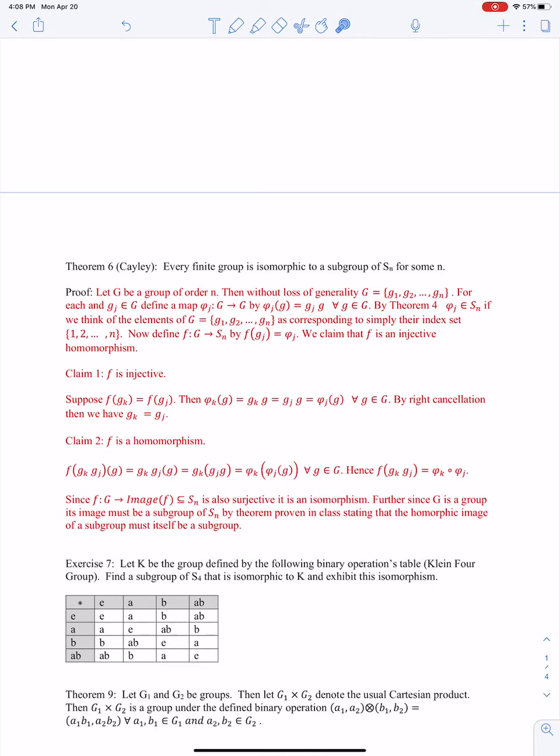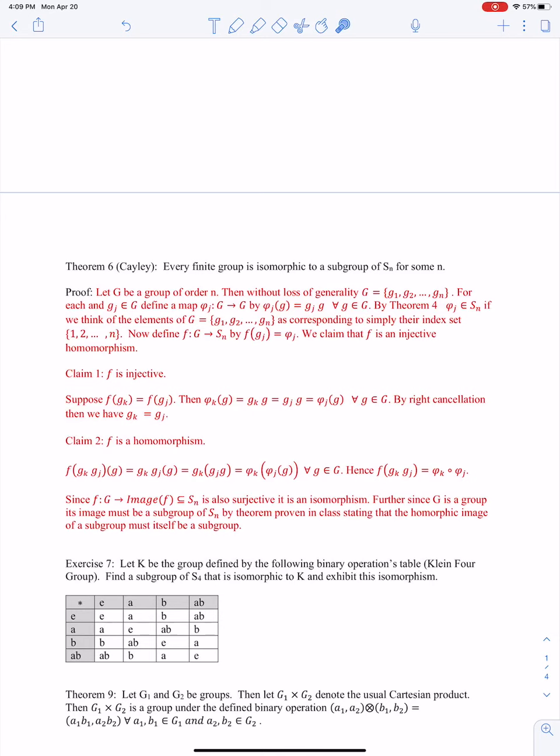All right, so suppose F of g_k equals F of g_j. Well, F goes to a permutation phi. So what does this mean? That means that the permutation phi_k is the same as the permutation phi_j. Now those are maps going from G to G. What does it mean for phi_k to be the same as phi_j?